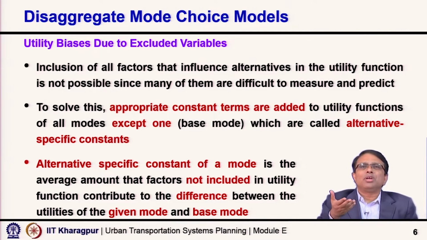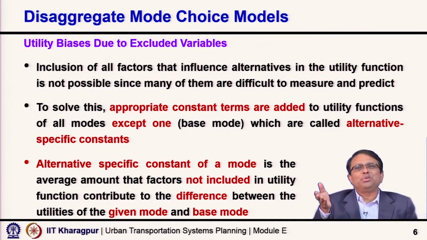For the base mode, this value is 0. With reference to the base mode, if it is 0, then what is the additional utility or additional disutility to the other mode is taken into consideration by this constant term, which you can call utility biases due to excluded variables, or generally we call it alternate specific constant, right.